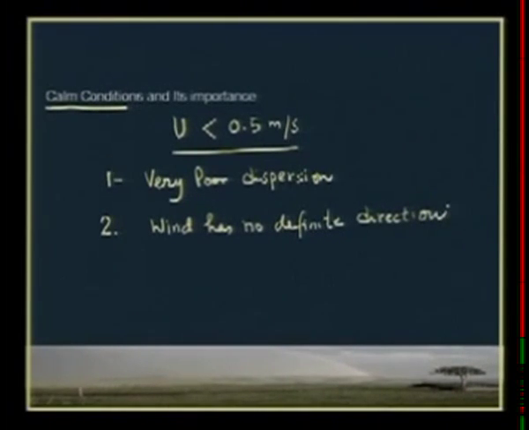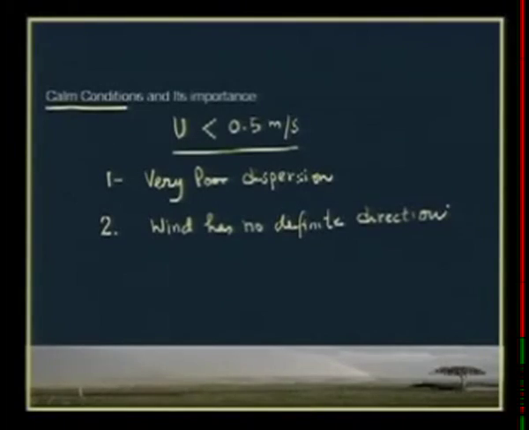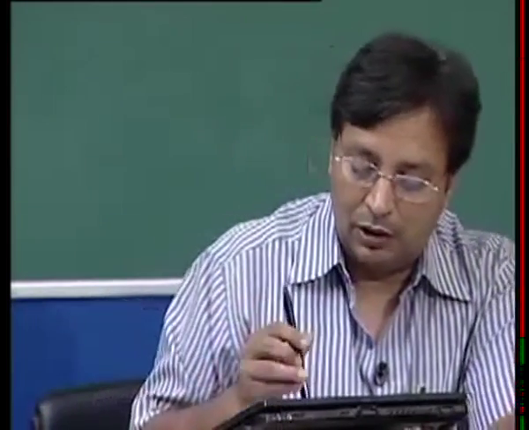It means the direction changes from place to place, and that also is a very troublesome situation, and I will show you why it is a difficult situation. We have the calm conditions, and when wind direction is not constant, it is really changing from place to place within a short time. And to give you a little of this concept, the point number 2 which I was referring to.